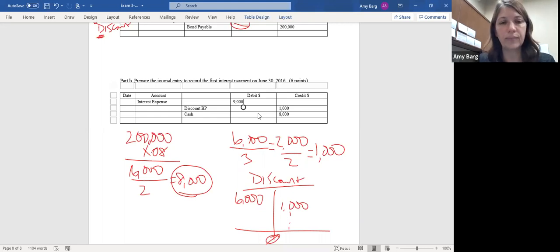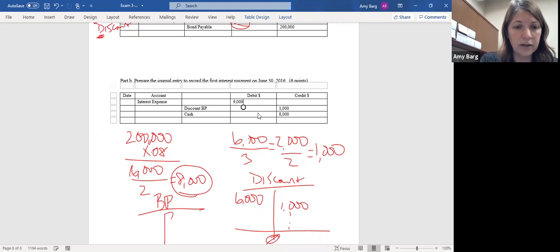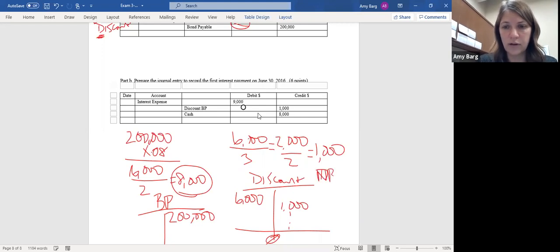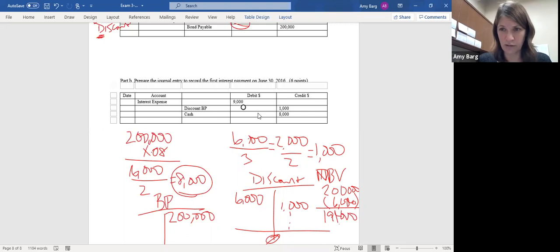But like I said, we kind of took a loss on this bond, right? So we have this bond payable on our books for 200,000, but the net book value of this bond is 200,000 minus the 6,000. This bond is only worth 194,000, but when we pay it off, it needs to be worth 200,000.